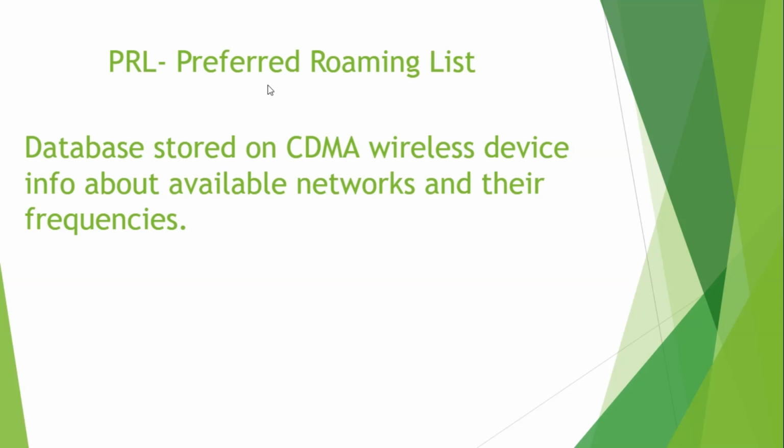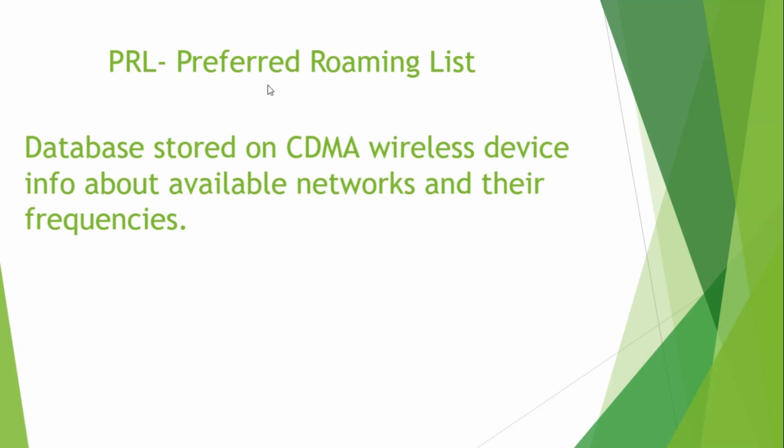Okay, so that's basically a network. Think of it like a honeycomb: if this is your location, you have access to these particular towers. That way you can continuously keep your communication signal wherever you may go. And that's basically what the preferred roaming list is.